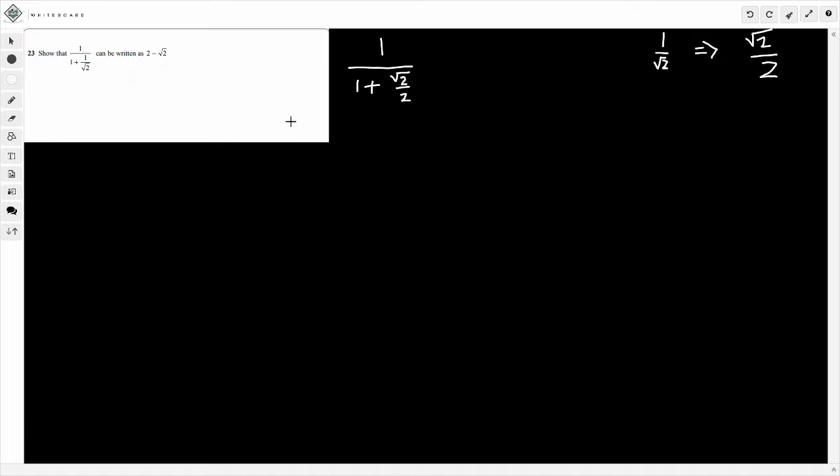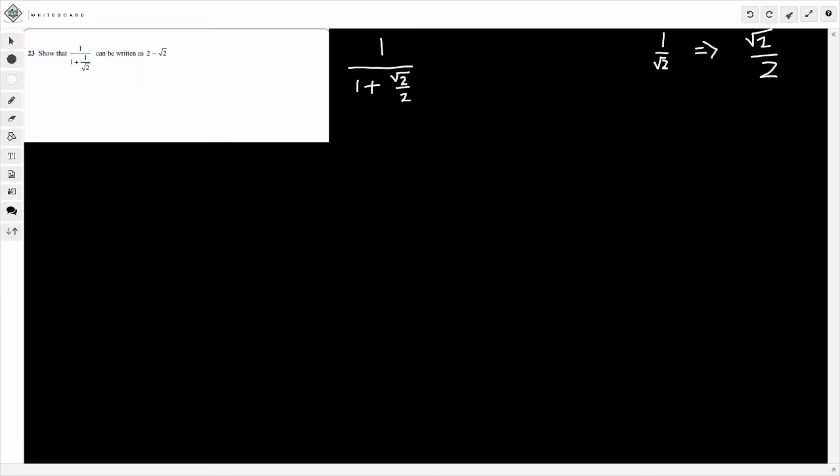Okay, and now we're going to rationalise here. This is what we're rationalising with. Because it's an expression where it's just a number plus or minus an expression involving a surd, remember, we multiply by the conjugate. That means you change the sign when you multiply. Because it's 1 plus here, we're going to times it by the negative of this.